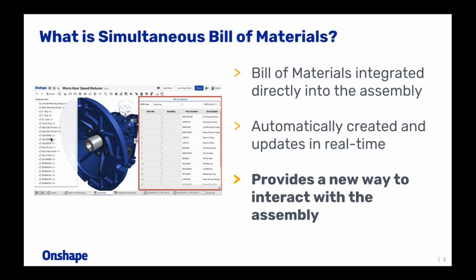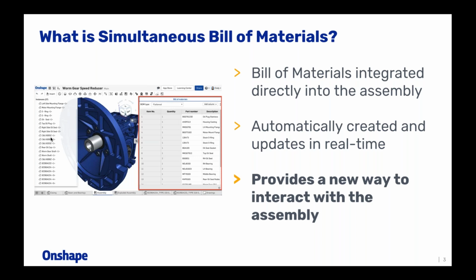You'll see the BOM table tab icon, and it flies out from the right, very similar to simultaneous sheet metal or our configurations functionality. It uses that fly out mechanic on the right, and you'll see a list of all your parts. The bill of materials is fully integrated directly into the assembly, so it's not a table that's just dropped into your drawing.